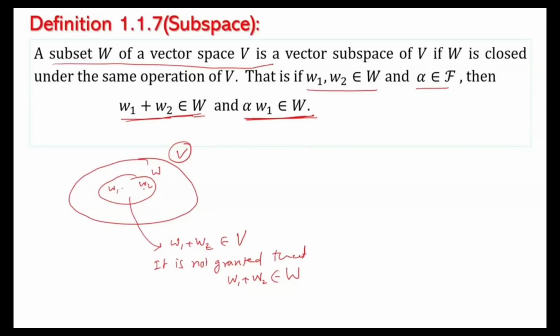Therefore W is known as a subspace of V. So to show that W is a vector space, it is enough to show these two properties.